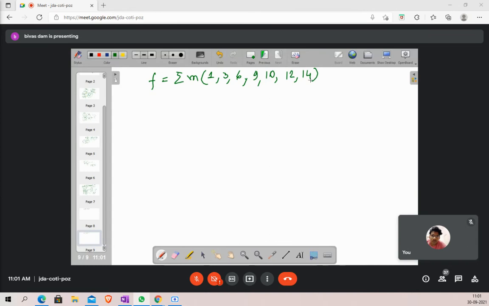To realize this function using a suitable multiplexer, what configuration of multiplexer would be needed for the simplest solution? 16:1. But the problem is in our lab we don't have a 16:1 multiplexer.